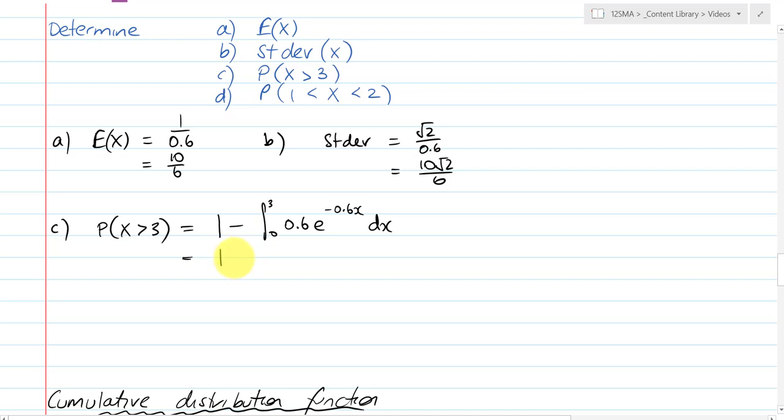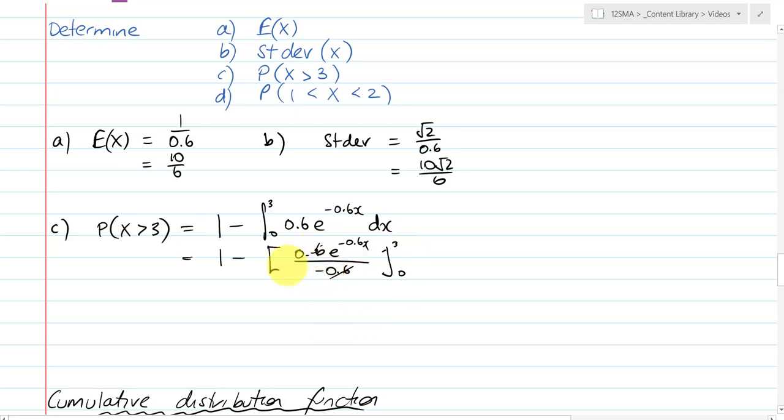And so that's 1 minus, I'll do this like it's tech free. So of course I get 0.6 e to the negative 0.6x over negative 0.6, which always works out nicely. We get that lambda cancellation.